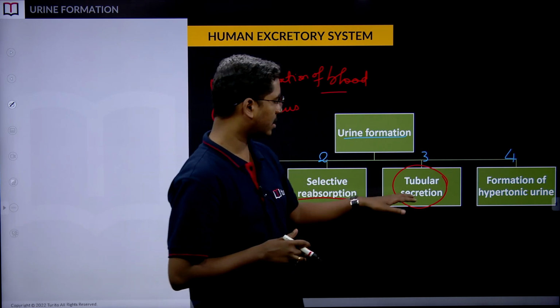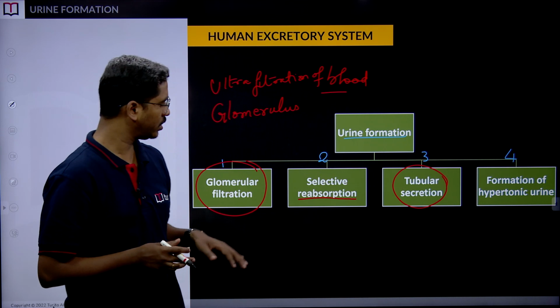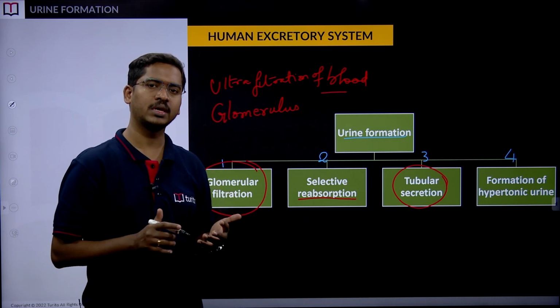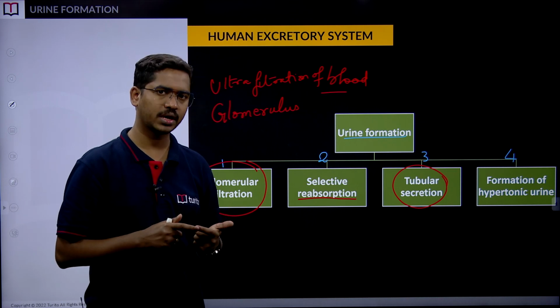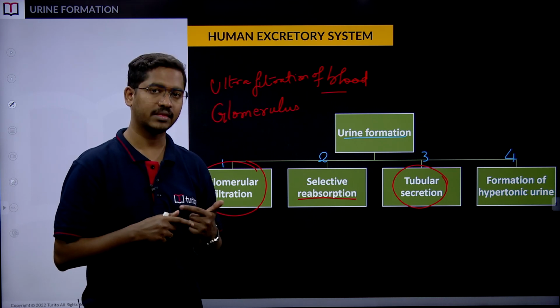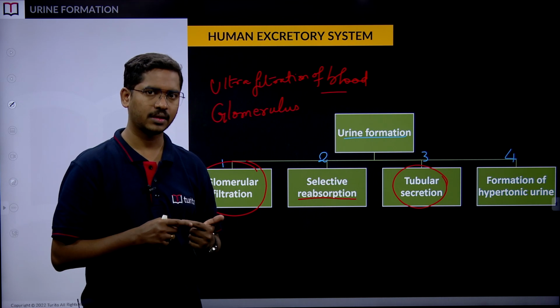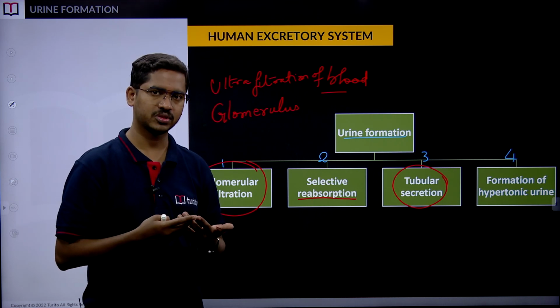Why is it secreted there? Because the moment you remove something from the system, it definitely alters the nature of the fluid, right. I mean the acidity, basicity, that will alter the system, is it not.